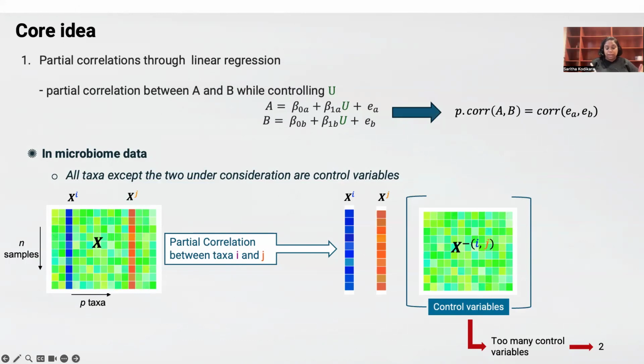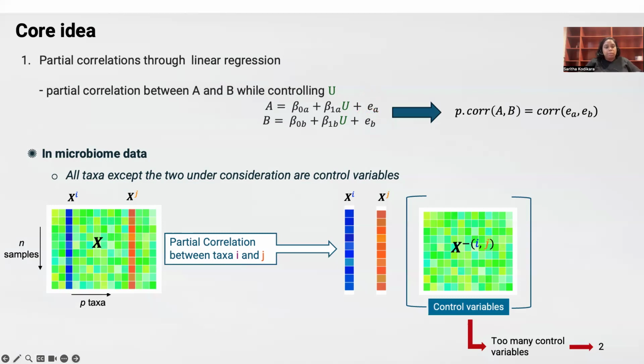You do a linear regression on A with U as your independent variable, and again a linear regression with B as the response, also considering U as your independent variable. After fitting these two linear regression models, you calculate the residuals, EA and EB, and then you use these two residuals to calculate the correlation. The correlation between the two residuals is equal to the partial correlation between A and B.